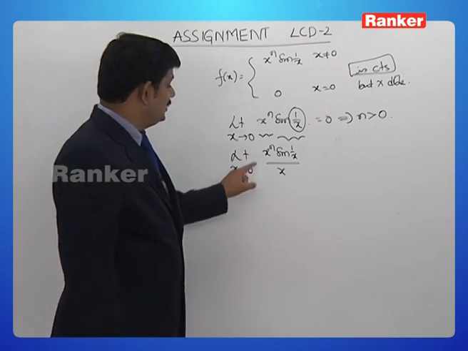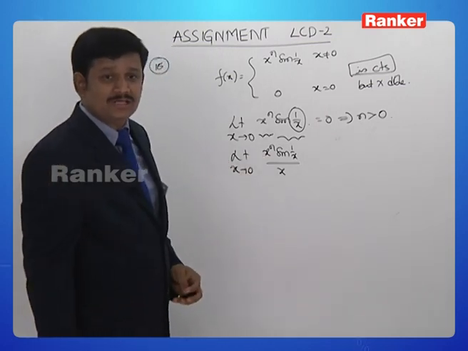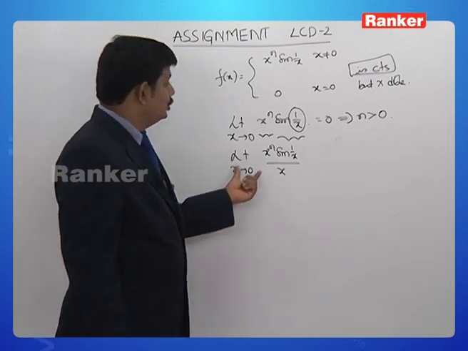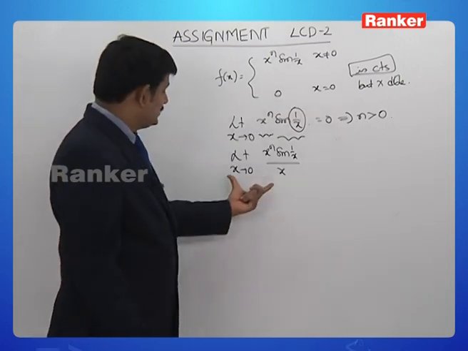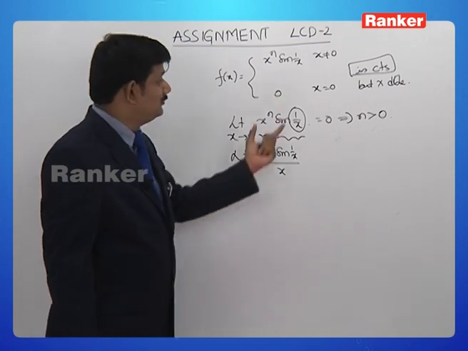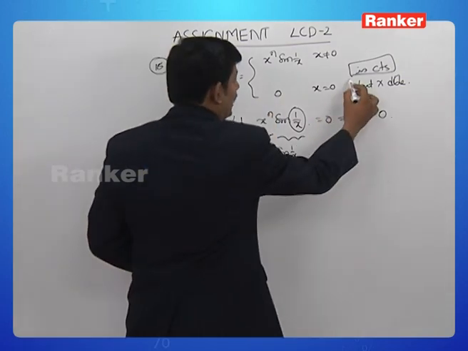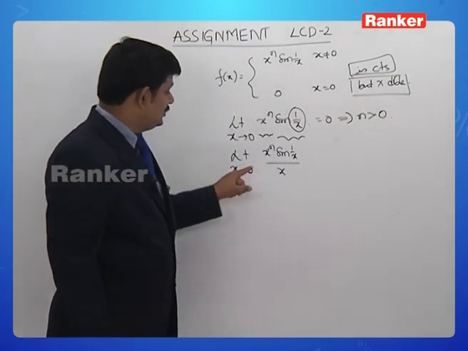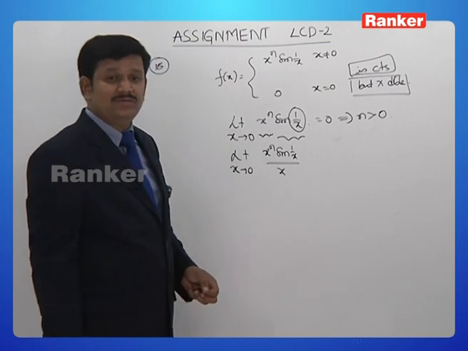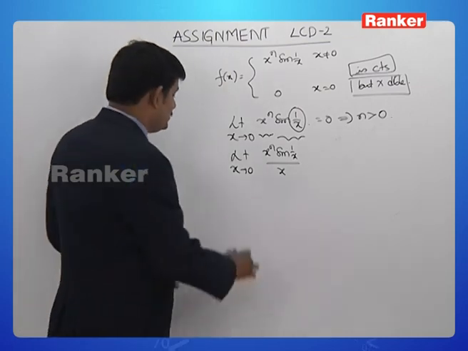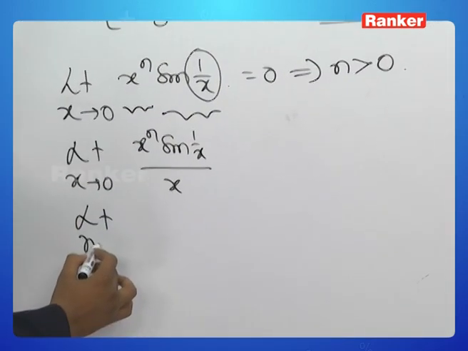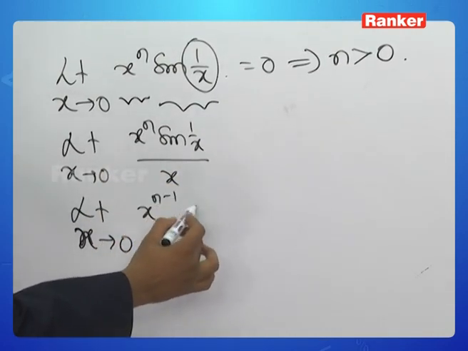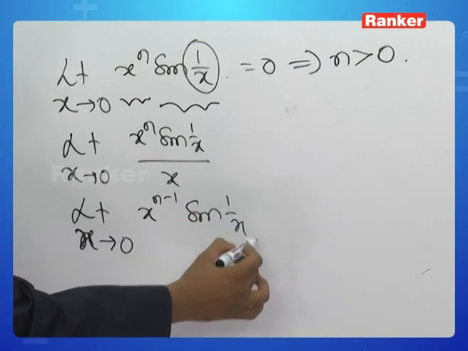The limit as x tends to a of f of x minus f of a divided by x minus a is the derivative. This limit should not exist. If it exists and is finite, then the function will be differentiable, but it is given that the function is non-differentiable. So, the limit as x tends to 0 of x power n sin 1 by x divided by x should not exist. Or, the limit as x tends to 0 of x power n minus 1 sin 1 by x should not exist.